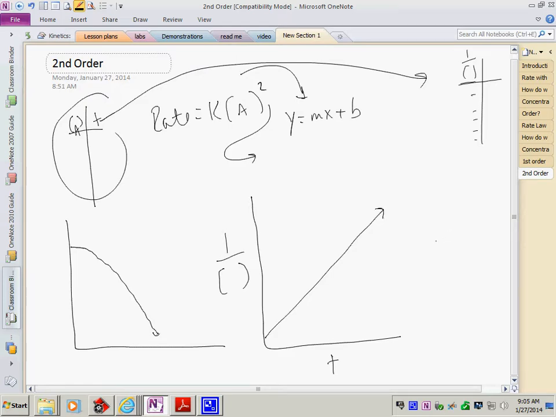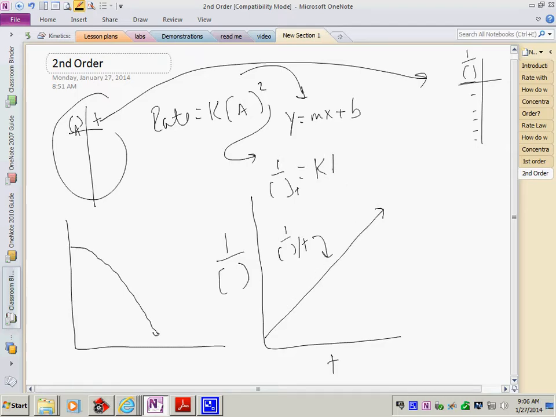The y equals mx plus b equation would be 1 over the concentration at time t. All of these are time t. My slope is k. It's just 1 over the concentration versus time, and of course, that does not equal the rate. It's just the slope of this line.